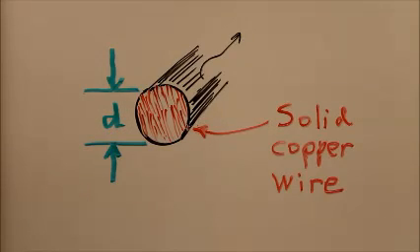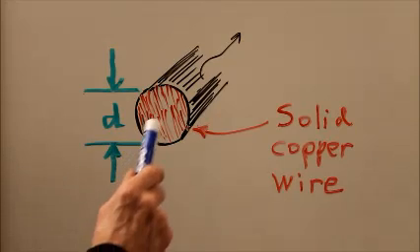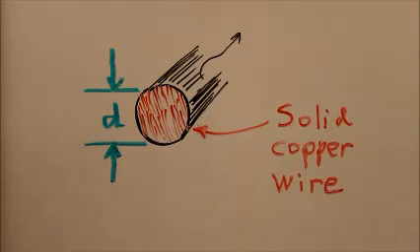The DC resistance of a fixed length of this wire, another way of saying that is the resistance per unit length, varies how? And we're given 5 choices. Well, the quick and easy way to think of this is to think of conductance instead of resistance.